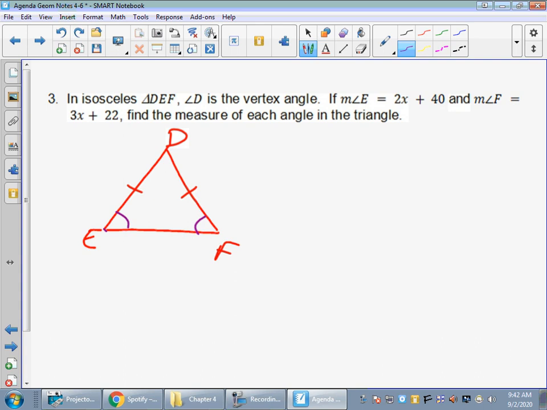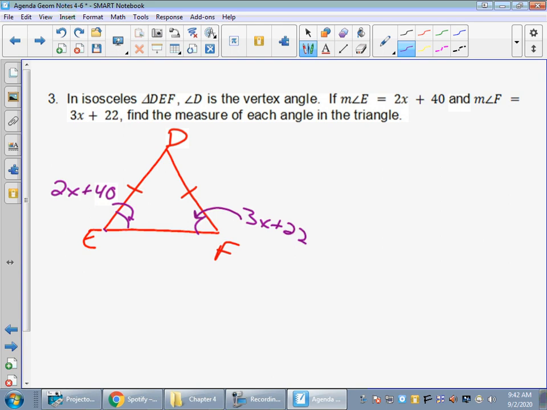So now we are just putting in all the information that we know. We also know that angle E down here is 2x plus 40. This angle right here. And we know that angle F is 3x plus 22 right here.